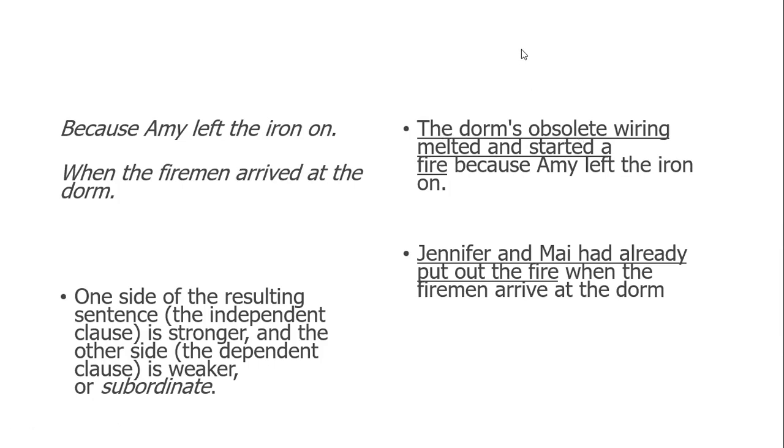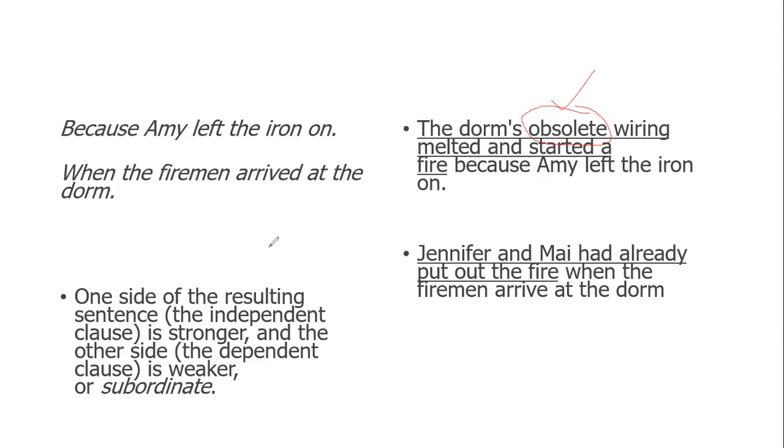What is the meaning of obsolete, by the way? This is a word-in-context question. What does the word obsolete mean? You can understand from the context. The dorm's obsolete wiring melted. So something is wrong with the wiring. Obsolete means old. CDs are old, obsolete, right?